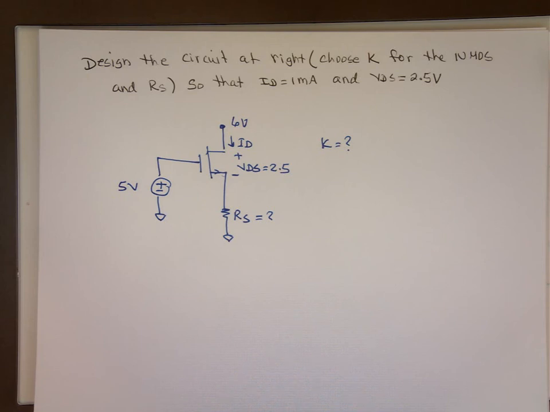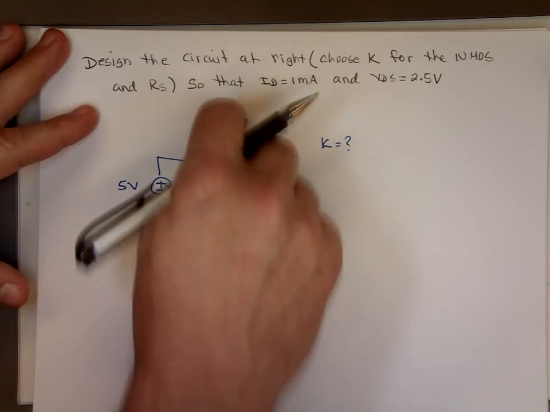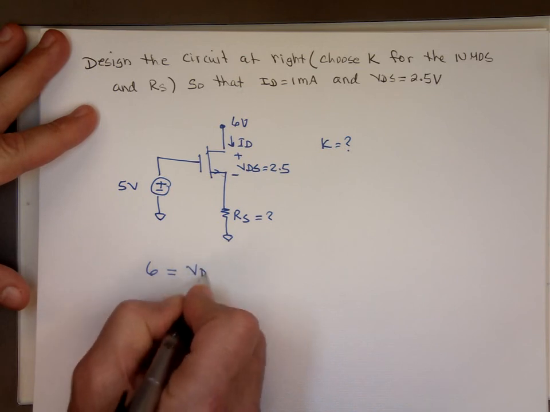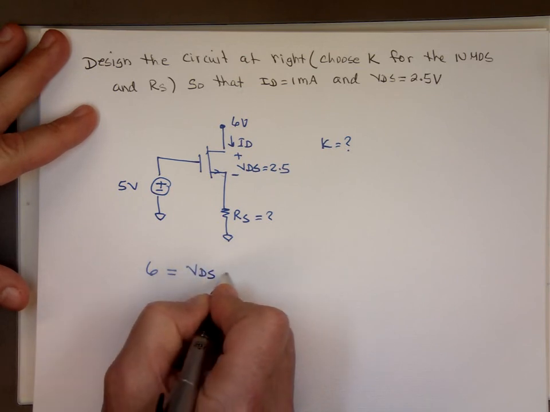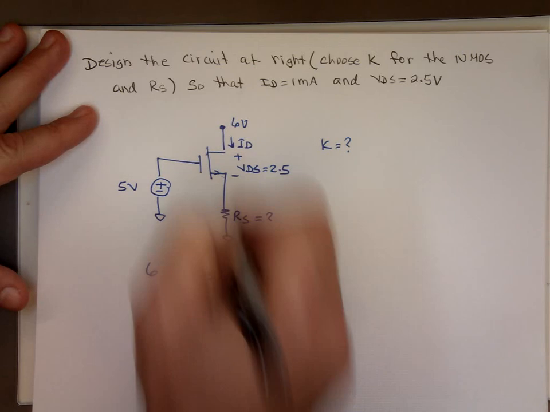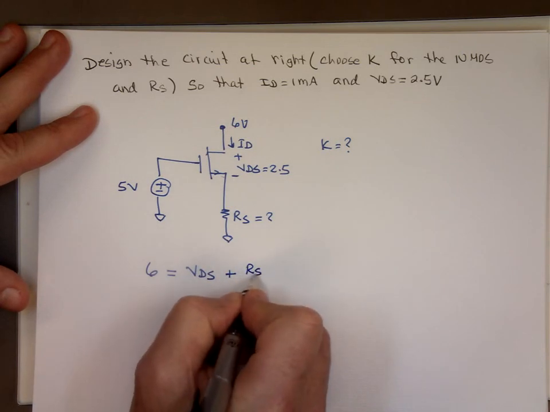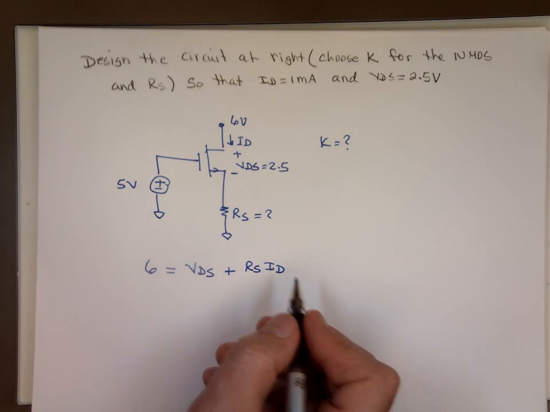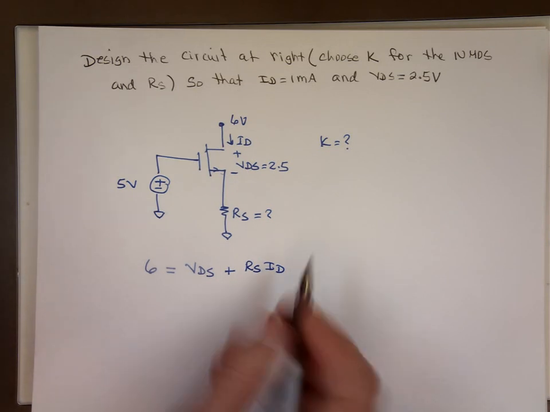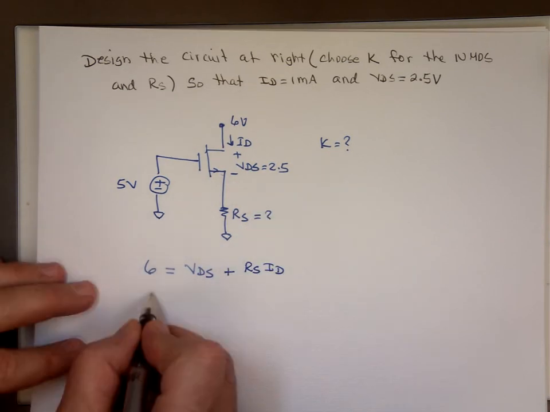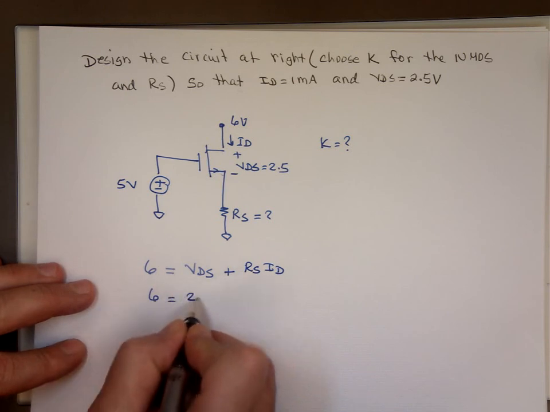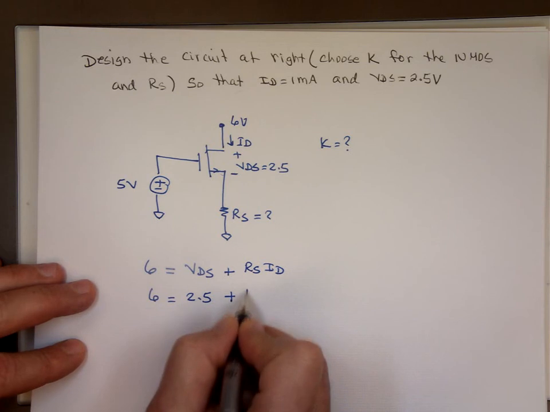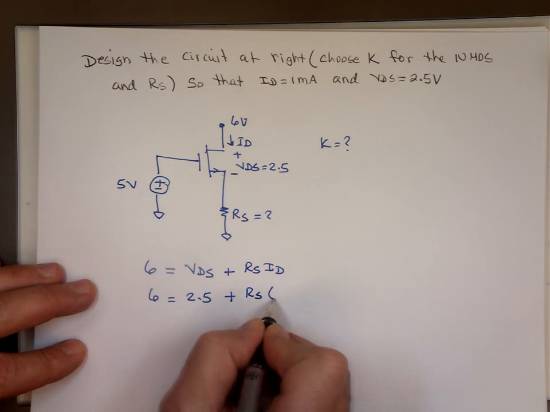Well, if you write mesh equation down, we have 6 volts equal VDS plus R sub S times I sub D. Well, that's the first solution. We've given you VDS, it's 2.5, so 6 equals 2.5 plus R sub S, which is unknown, times I sub D, which is 1 milliamp.